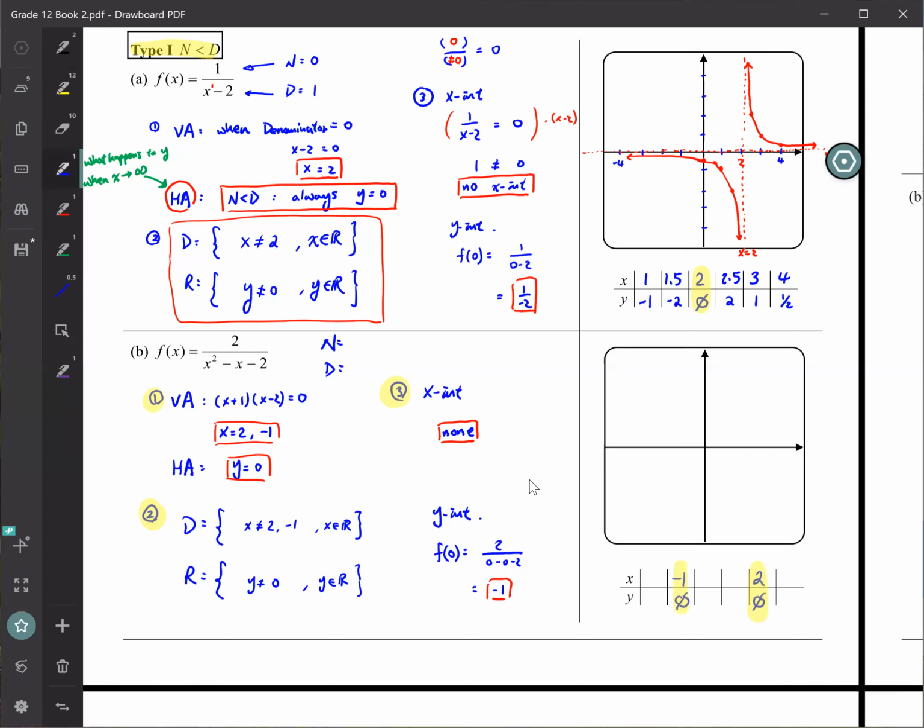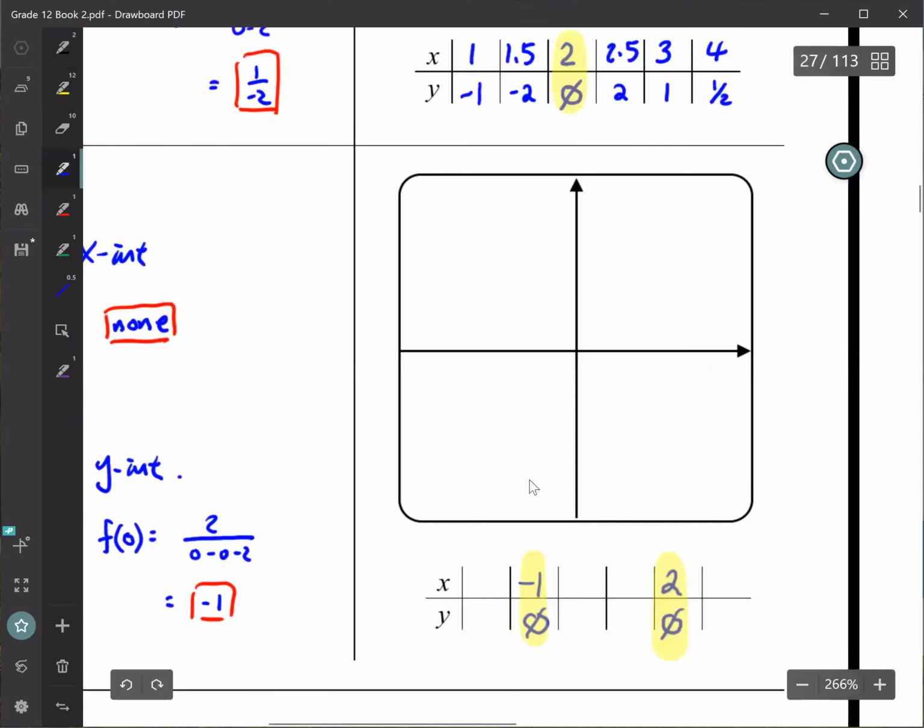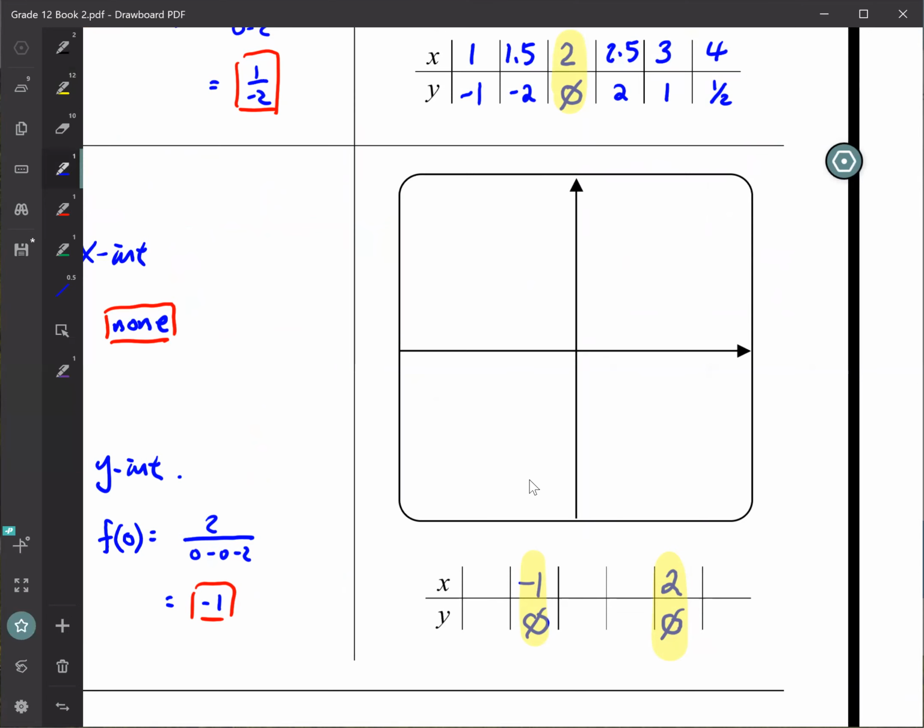So on the left side of -1, Cindy, what's the number on the left side? Cindy, are you there? Yeah. Did you hear my question? Yeah. Okay, what's the number?